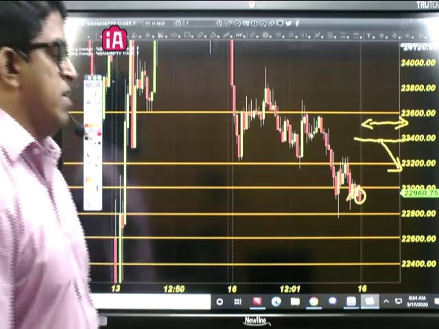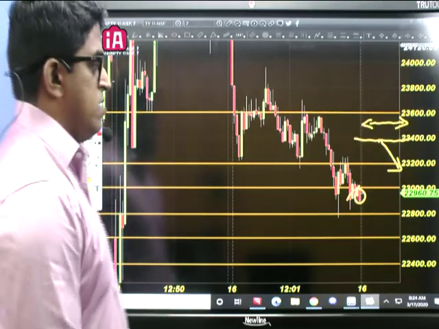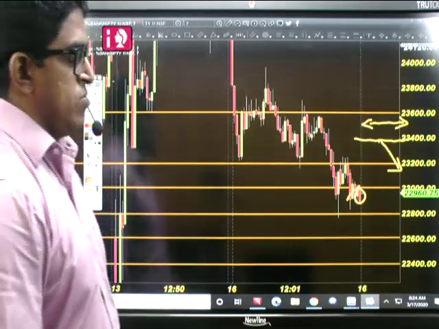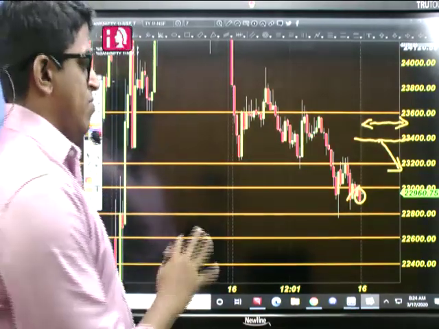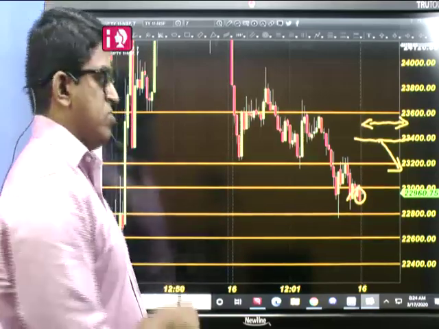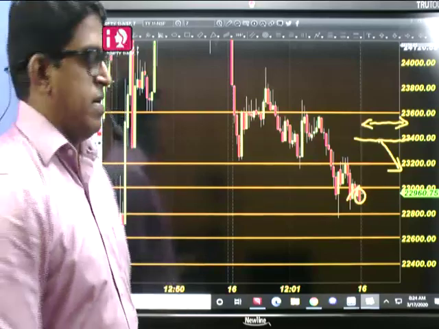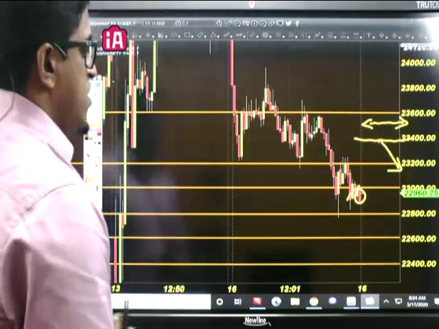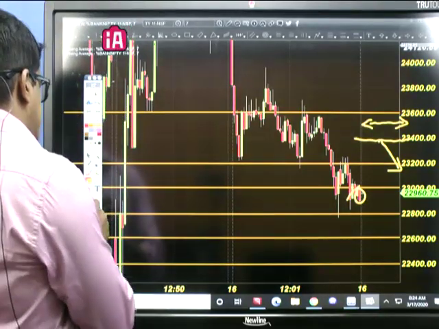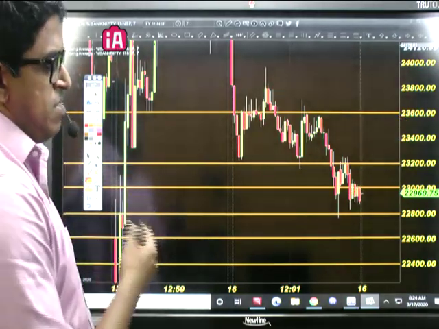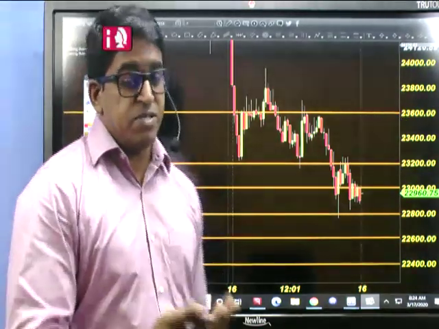It will be very good if you can go for selling the options rather than buying, because the premium includes the volatility. Since the price is dropping, the volatility will be high, so the premium will be high. That's one advantage you get by being a seller. But in day trading, that is not going to have much impact.